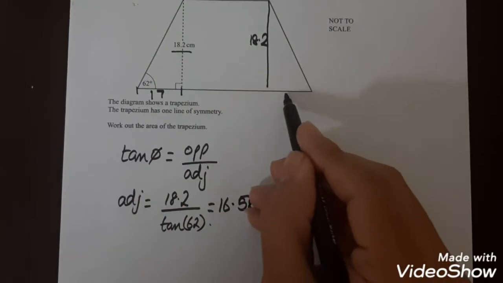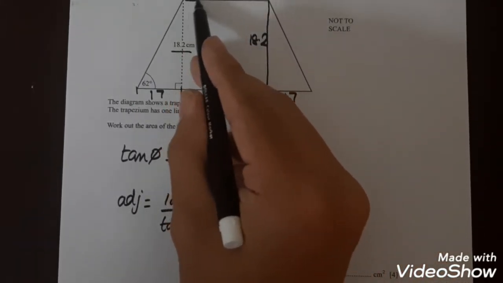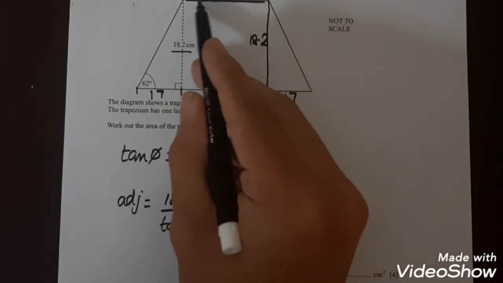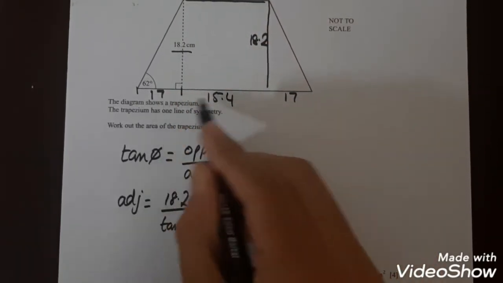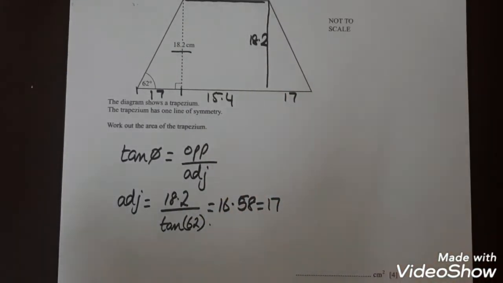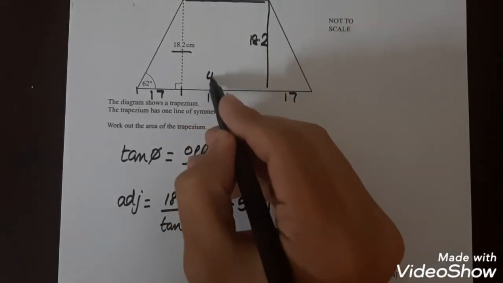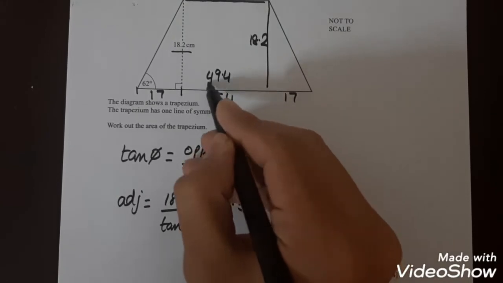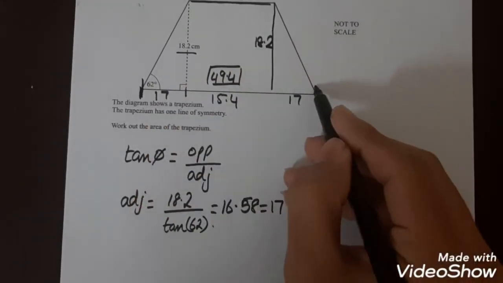Now we have the value over here, which is 17. Over here it will also be 17, and here this will be the same as the top parallel length, which is 15.4. When we add these three numbers, 17 plus 17 plus 15.4, it will be 49.4 centimeters.